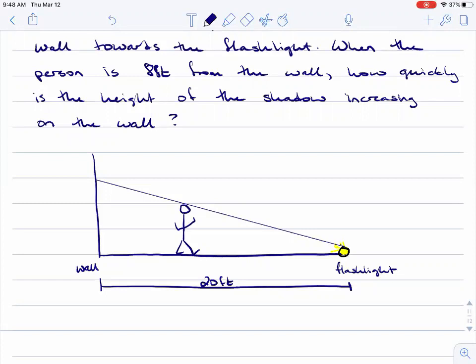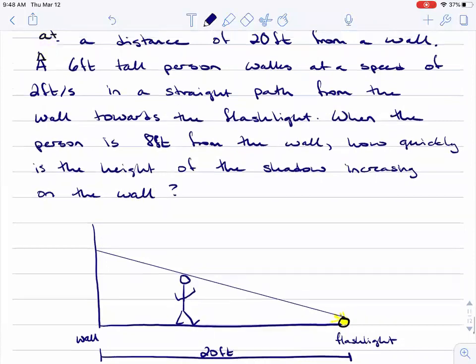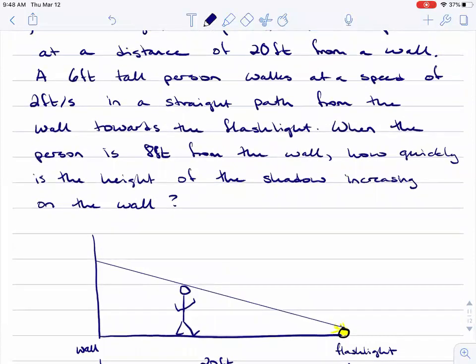Anyways, this is what we're gonna do. This is what we have to do. Okay? So what we're saying is that, because we need variables, right? We need to find the height of the shadow is increasing. Oh, I see why it's increasing.